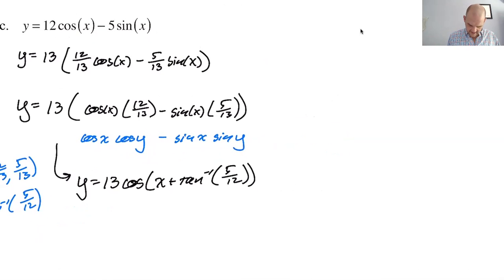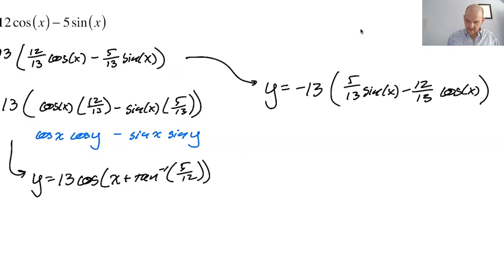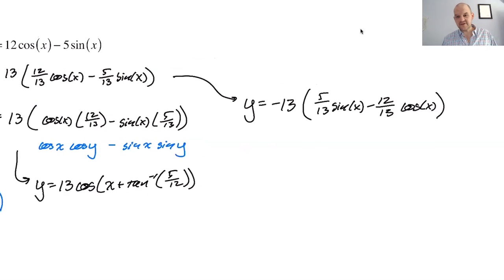I'm going to say that this could also be equivalent to the negative of 13, and then you would have 5/13 sine minus. So the choice that I made is when to deal with the negative, basically. And I feel like dealing with it right away is the easiest thing.